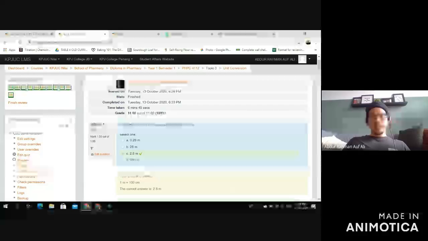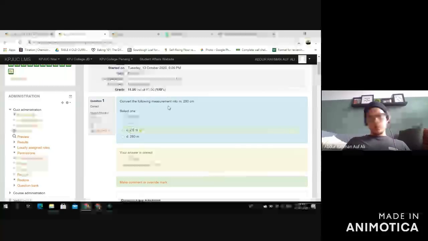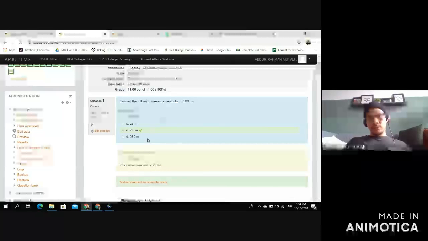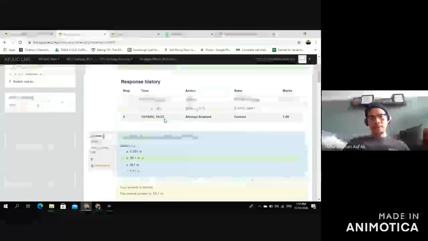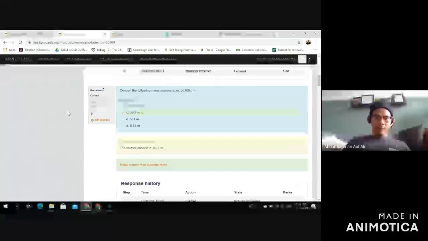So for example, in question number 1, convert the following measurement into meter. 280 centimeter, you need to convert to meter. You must know 1 meter equals 100 centimeters. So the answer is C, 2.8. You divide 280 centimeter by 100 and get 2.8 meters. You'll be surprised, some people don't know that, so I want to include that.